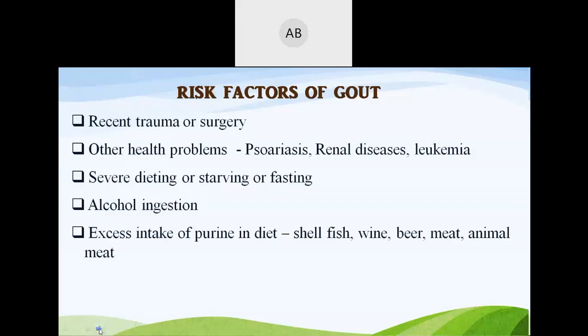Then sometimes severe dieting, starving or fasting can also result in gout. Then alcohol ingestion. When you take excess alcohol in the diet, that itself can result in gout. Next is excess intake of proteins or purine in the diet. Now, if you take excess shellfish, wine, beer, or animal meat, red meat, all this may result in gout.